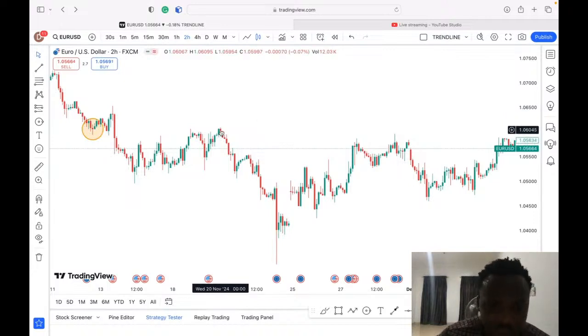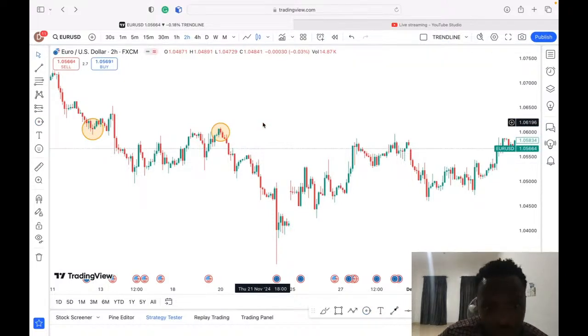Even though this red candle was not able to cover the previous green, this looks like an evening star. This particular candle pattern looks like an evening star.